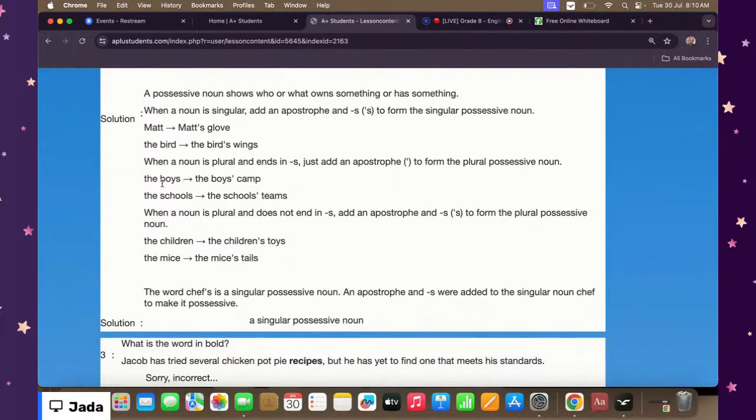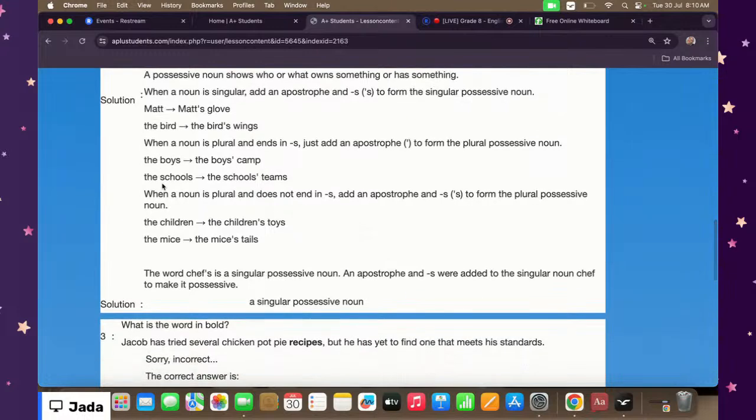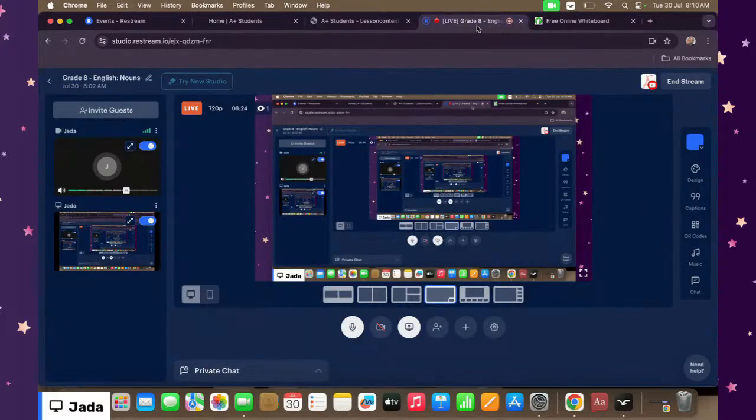That means it's singular, chef. It's just talking about one, and you want to make it singular possessive. You need to add an apostrophe after the chef and then the s, and then you have it singular possessive. So your apostrophe and your s.